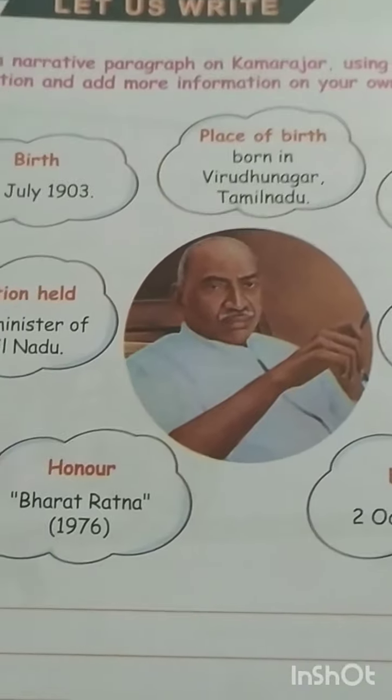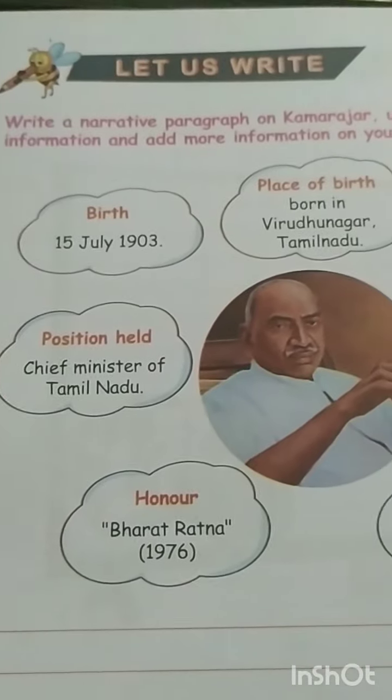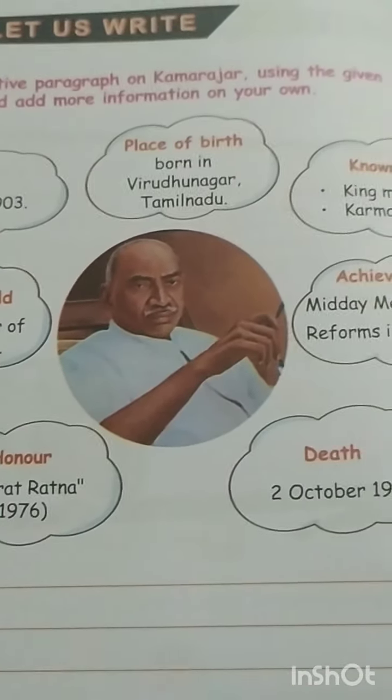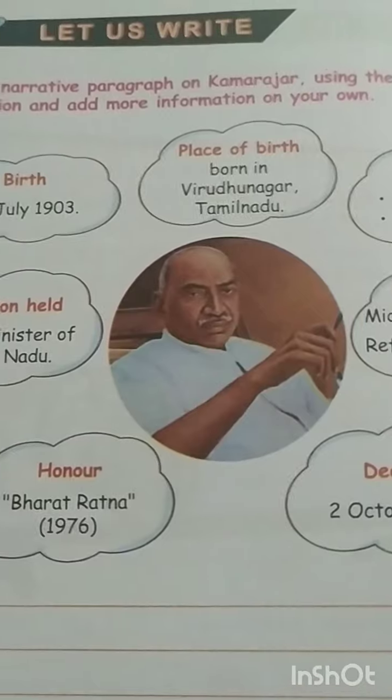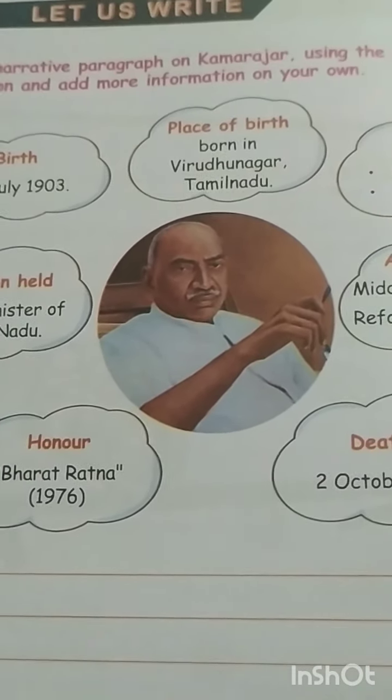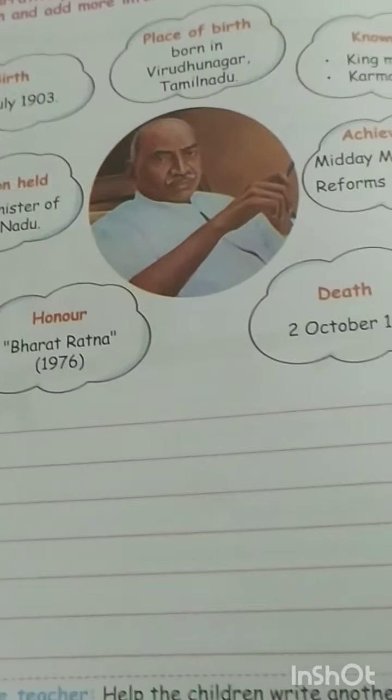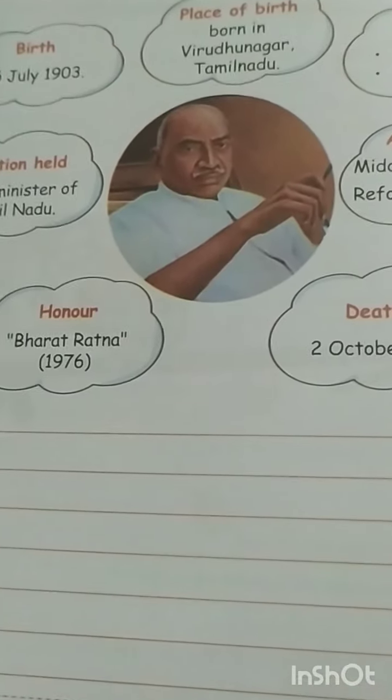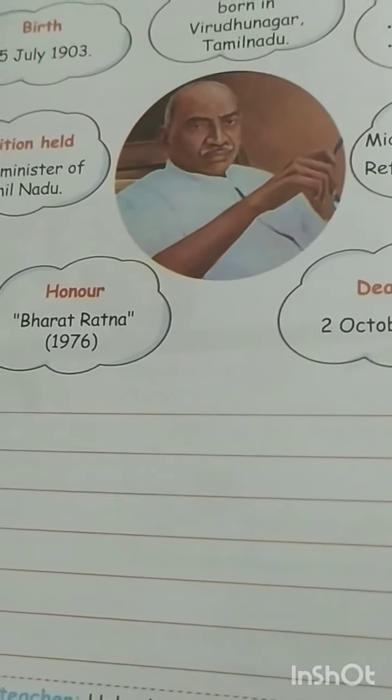Let us go on to the Kamarajar composition. You will write the composition according to this. You will stick the picture and write the sentences below it in the classwork. This will be a project.